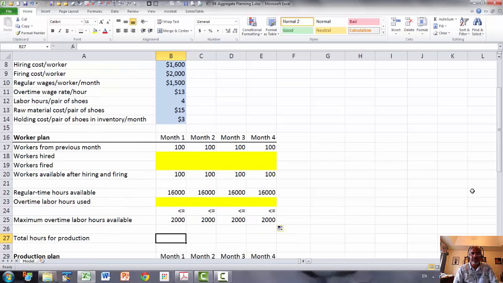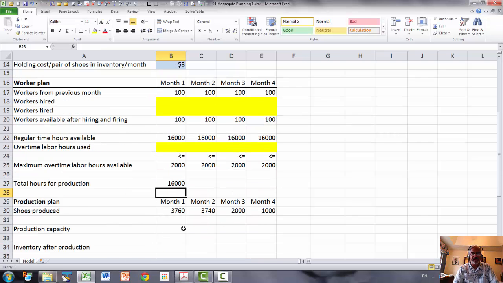Given these limitations, the total hours of production available will be regular hours available plus any overtime that we schedule. That will give us the total hours of productive labor available to us. If you copy that, that will give us the total hours of production available.